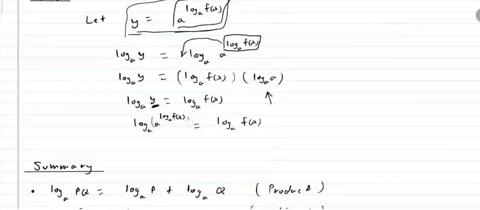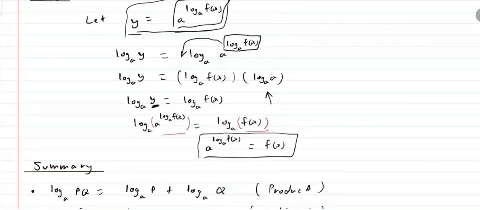This guy is the argument for my logarithm on the left hand side. And this guy is the argument for my logarithm on the right hand side. What did I say about the arguments, right? For two equal logarithms with the same base, their arguments must be equal in order for them to be equal, right? So it simply means that A raised to the power of log base A of f of x is equal to f of x. And it's proven.